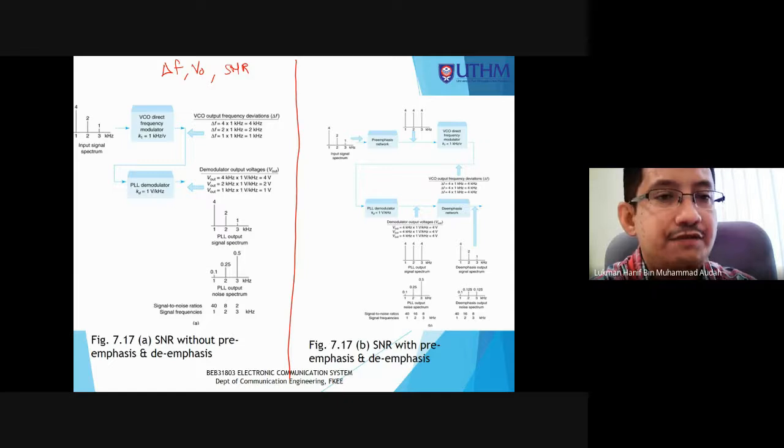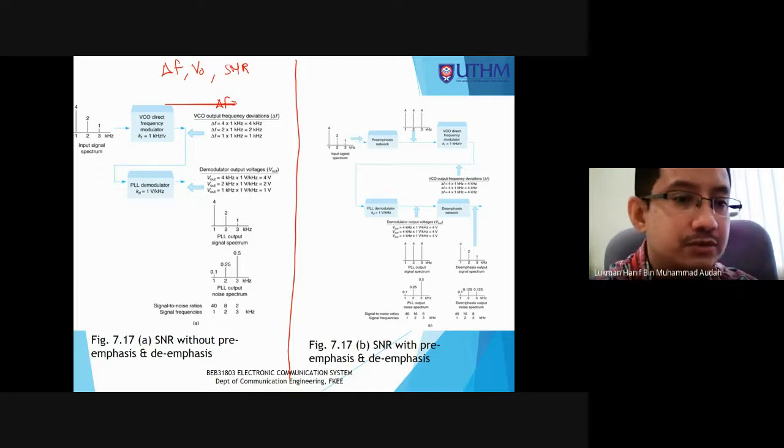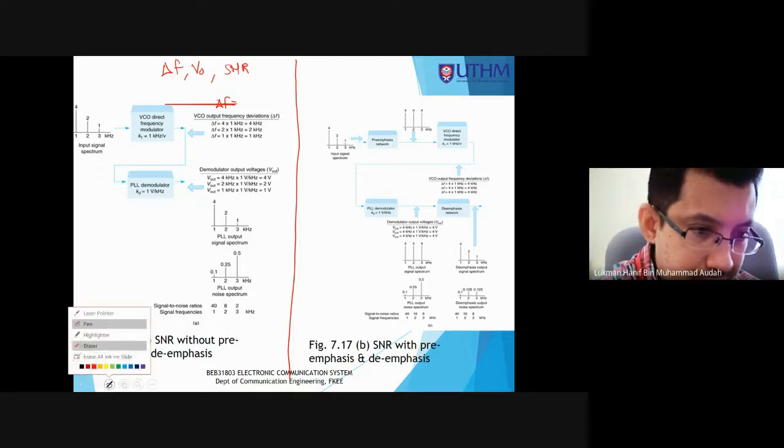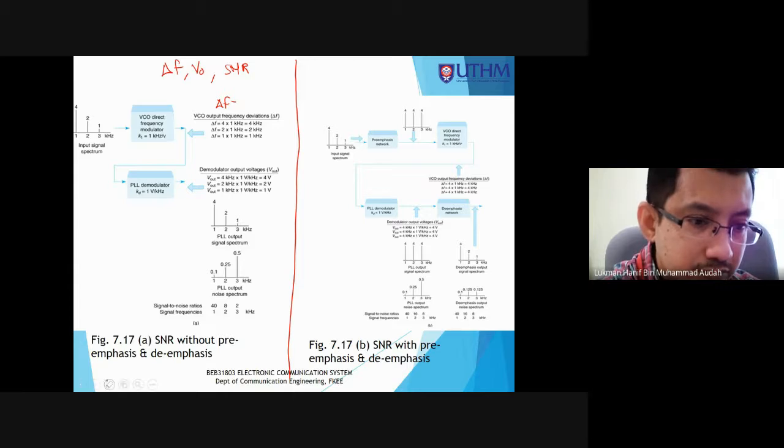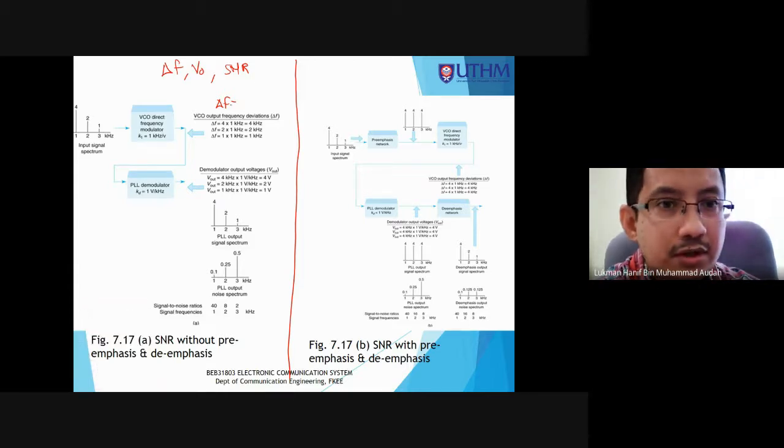So delta F is equal to, okay, this is V in multiplied with K1.